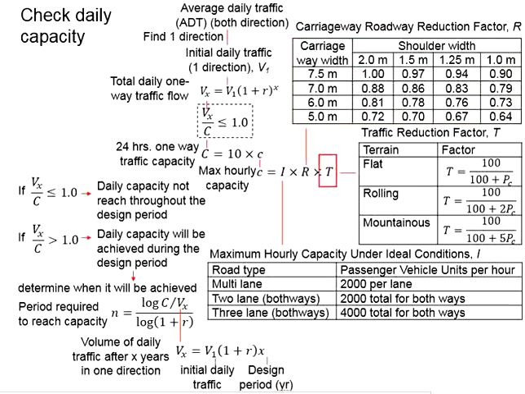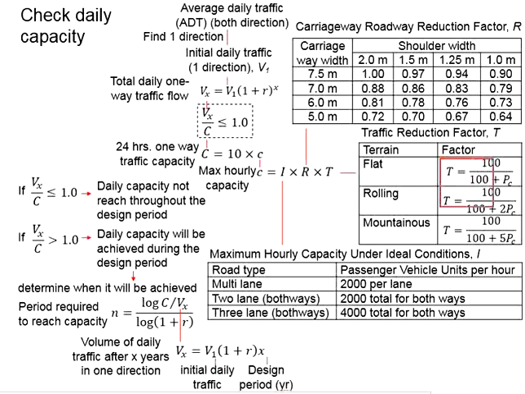Next, we look at the T, which is the traffic reduction factor. These factors consider the effect of the terrain on the traffic flow capacity. They are flat, rolling, and mountainous. For flat terrain, you can consider it as a flat road. As for rolling, that means the terrain is up and down, and mountainous means there are significant and continuous changes in terms of the elevations.